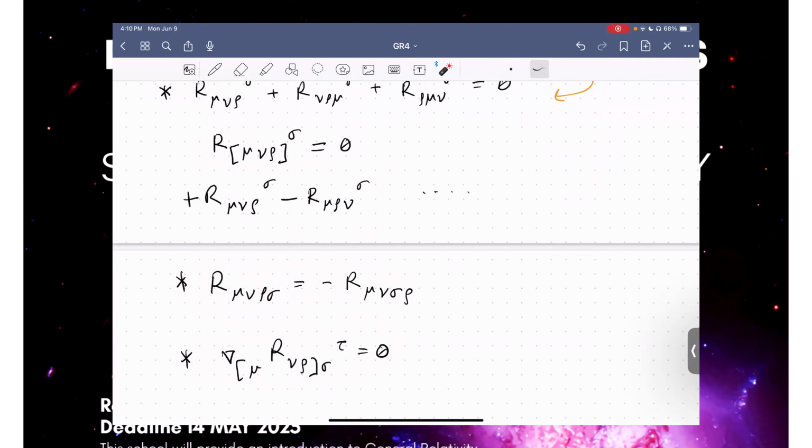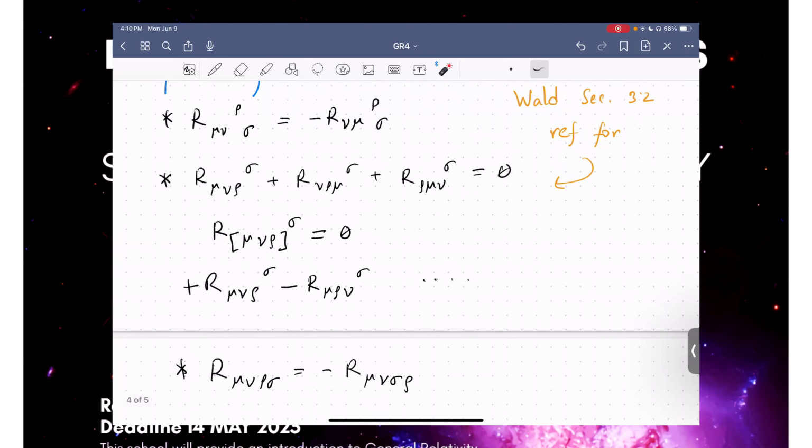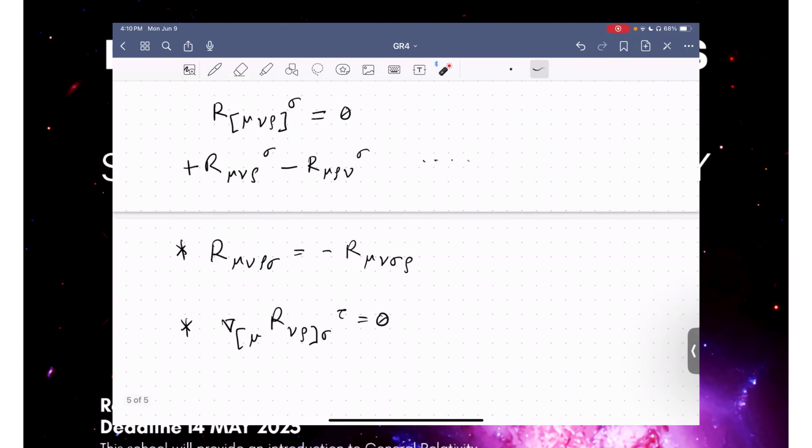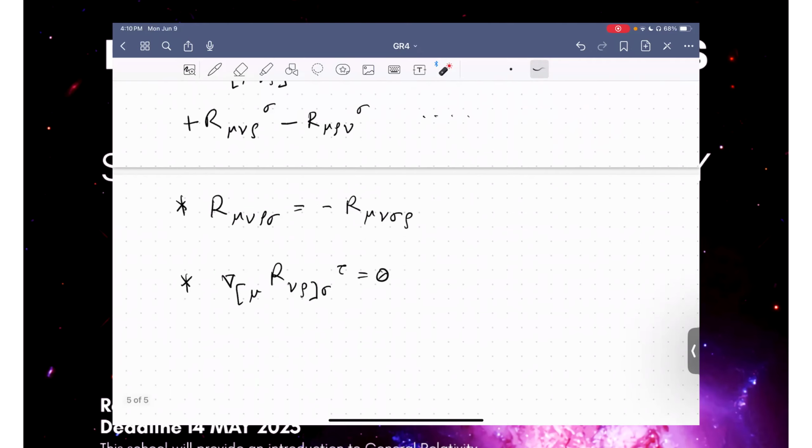And in D dimensions, it has D to the power 4 components, which can be a very large number. So even in 4 dimensions, what is 4 to the power 4? I'm not sure. It's a very large number. So the point is that all of these components are not independent. Many of these components are related to each other by these symmetries. Which is why this is helpful to simplify many computations.